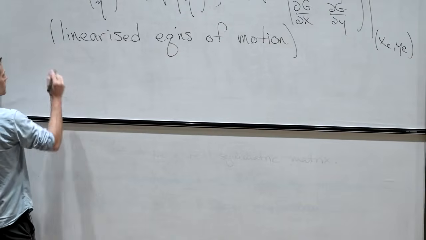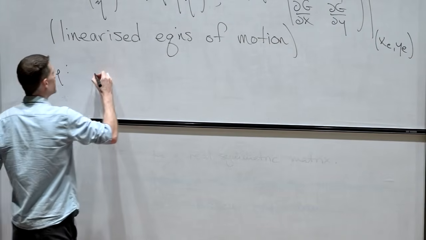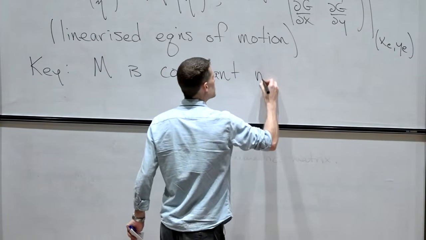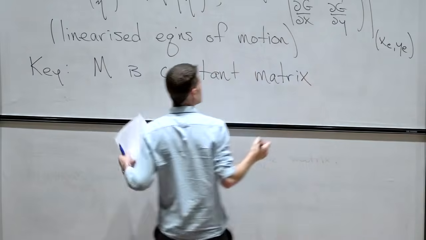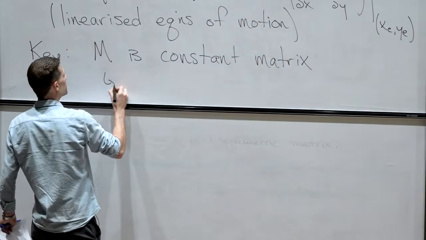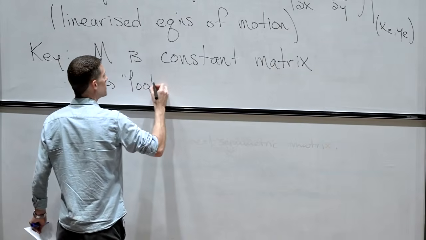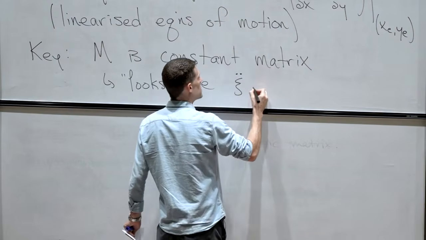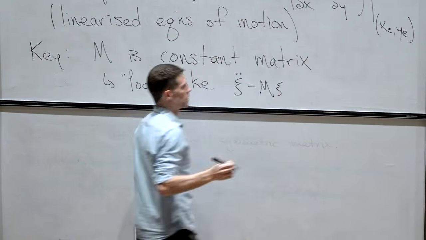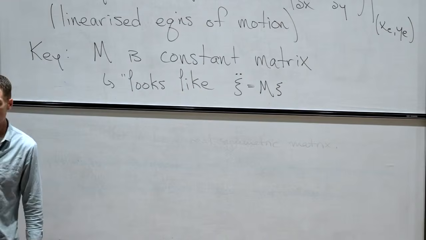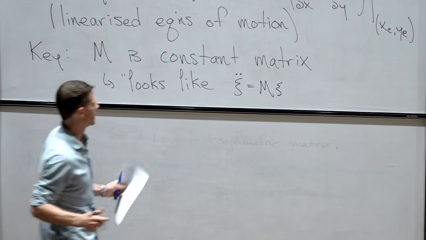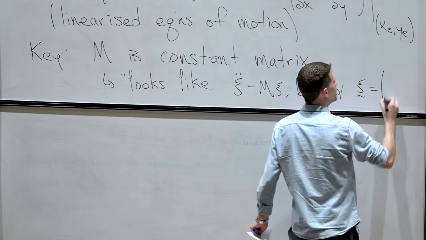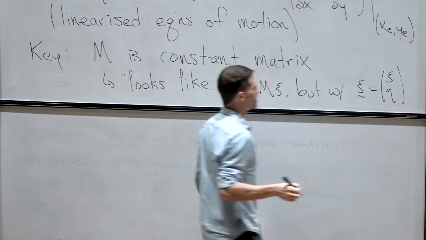So the key, as I said, is that m is a constant matrix, which means that the system looks like psi dot dot equals constant times psi, except instead of psi being a scalar, it's a vector, but with psi a vector made up of the components psi and eta.